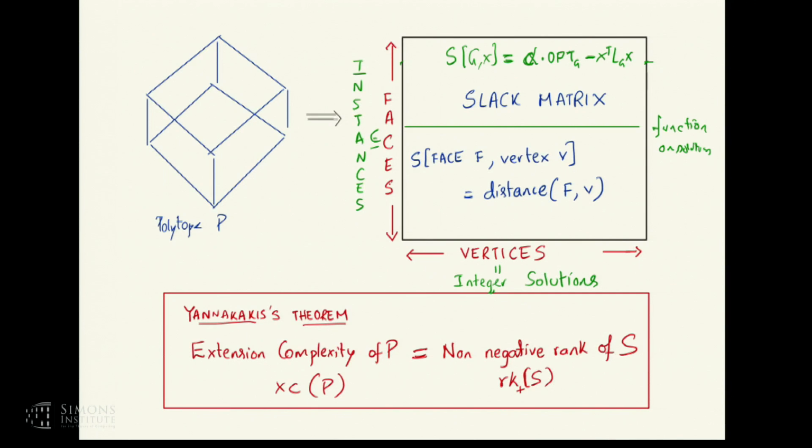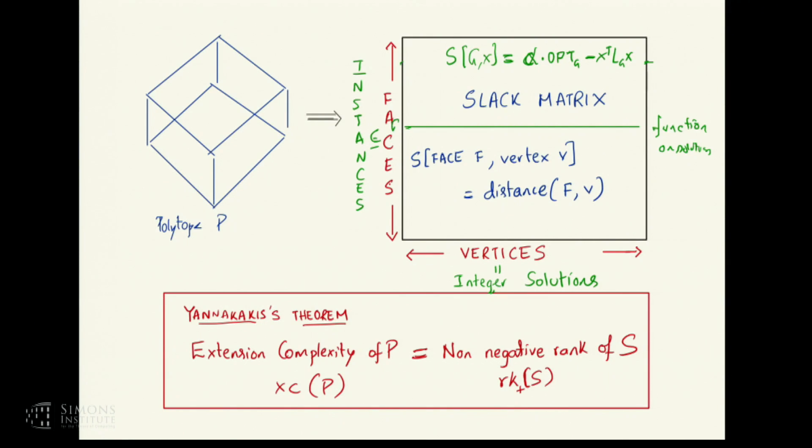Or actually, the only rows that we care about are instances of max cut. Because if you're trying to solve only max cut and not care about the correlation polytope, the only rows of the matrix that we care about are instances of max cut, and the only columns we care about are the integer solutions. And the entry, suppose you want to get an alpha approximation, is just alpha times the optimum on that graph minus the value of the cut x on the graph G. So that's the function, which is this row.